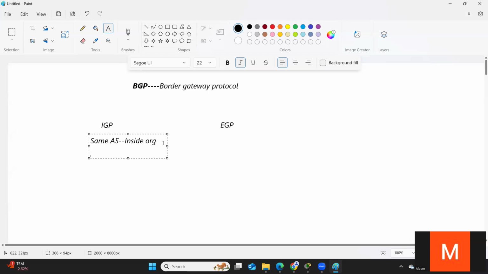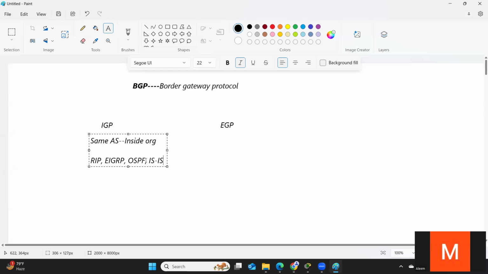For that, we have some IGP protocols: RIP, Routing Information Protocol, EIGRP, OSPF, and IS-IS. These are the IGP protocols. These protocols work within the same AS number.